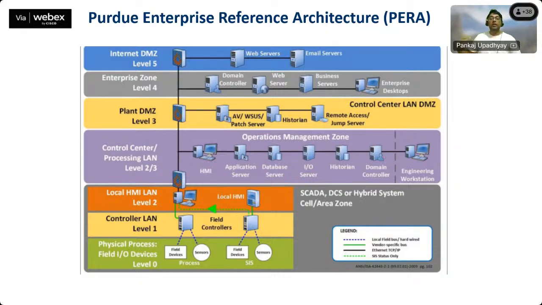So that's how the Purdue architecture is most critical: we have to segment the network of OT as compared to IT, to minimize the attack surface.